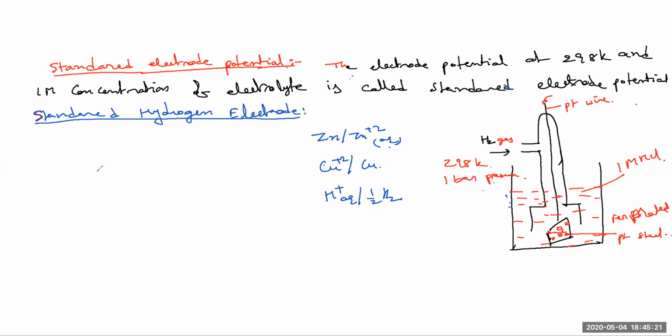The platinum foil is coated with finely divided platinum, or it is a porous perforated platinum sheet. So 1 bar pressure and ordinary conditions only are applicable there. The oxidation or reduction in SHE, the standard hydrogen electrode, takes place on the platinum foil.